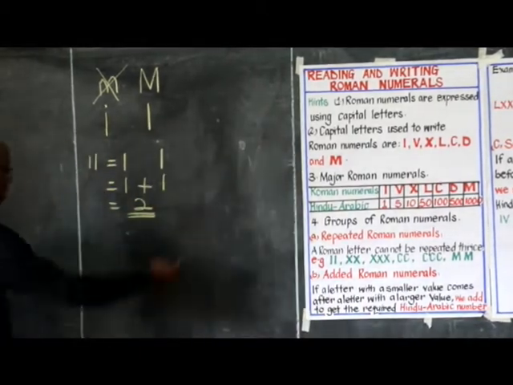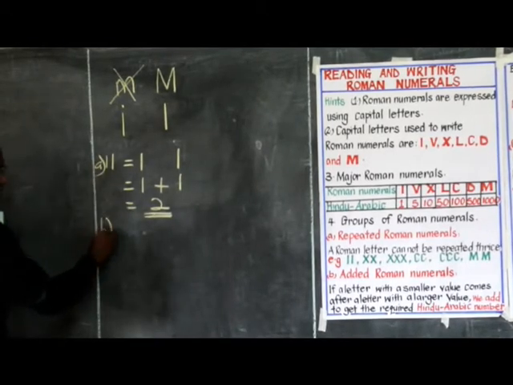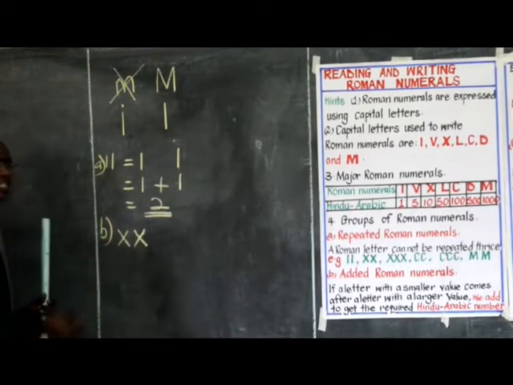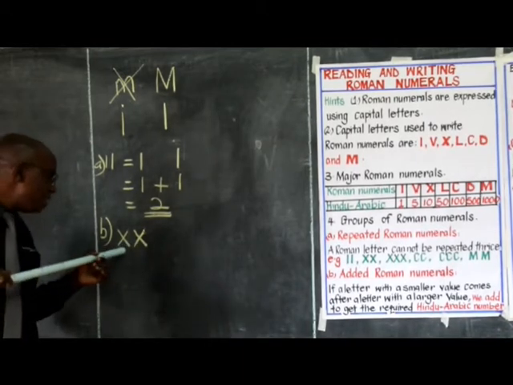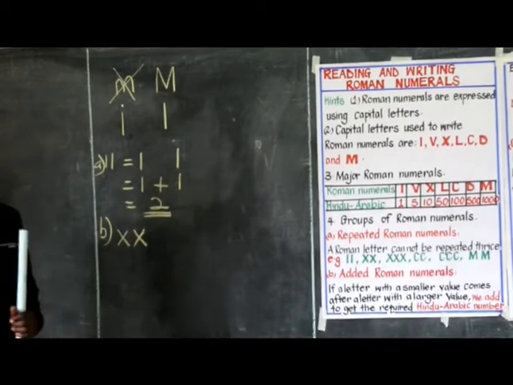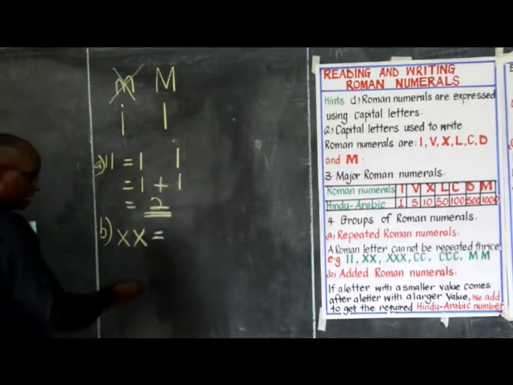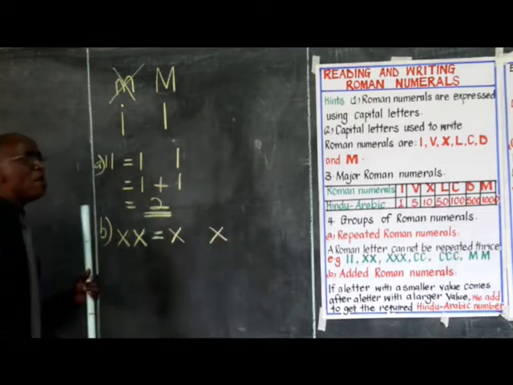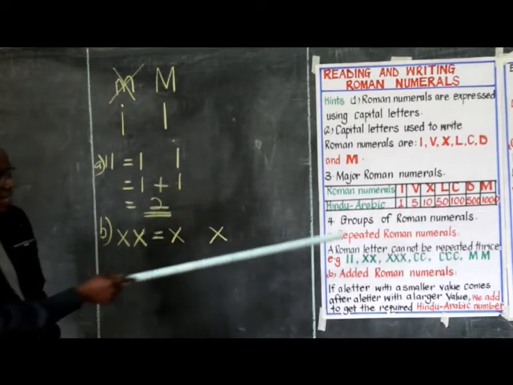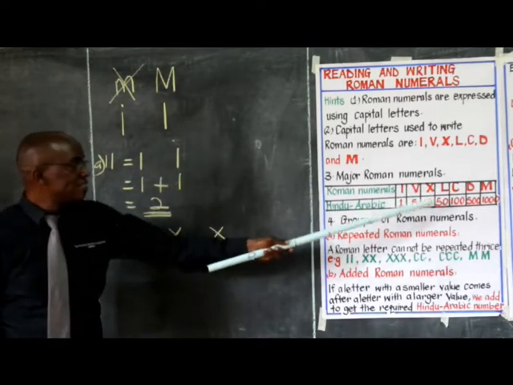Another example is XX, which is also repeated. You find that X has been repeated twice. So what does this mean in Hindu-Arabic? It means this is X, and you also have another X. Go to the major Roman numerals: X is 10.